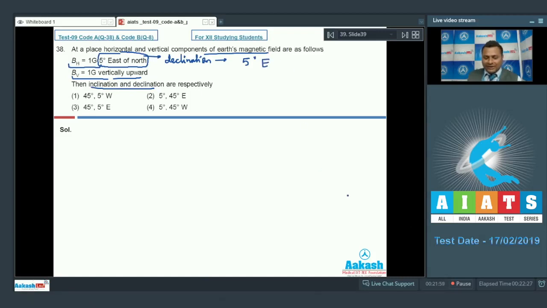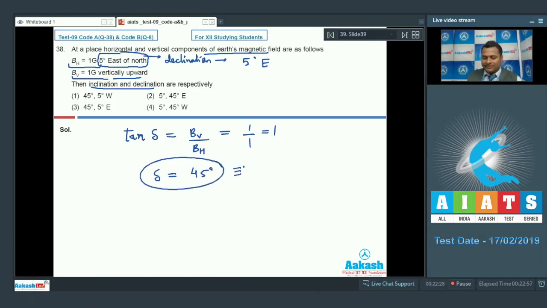Now for the angle of inclination, we have a very famous relation: tan delta, where delta is the angle of inclination, is given by the vertical component of Earth's magnetic field divided by the horizontal component. Both are equal to 1 Gauss, so 1 by 1 is exactly equal to 1. We got the value of delta as 45 degree.